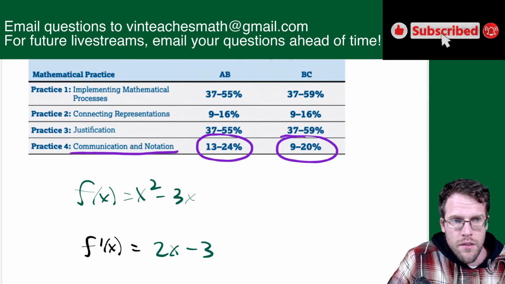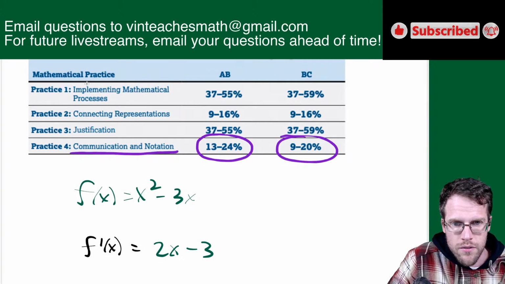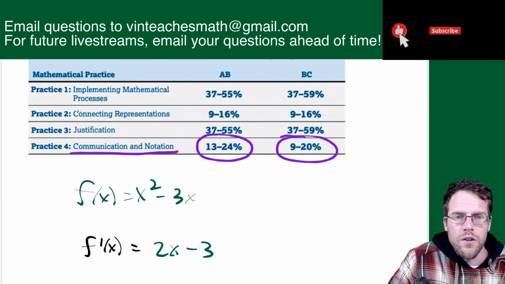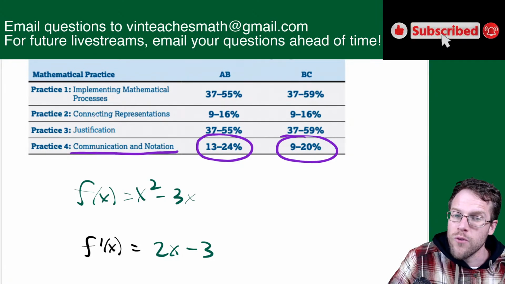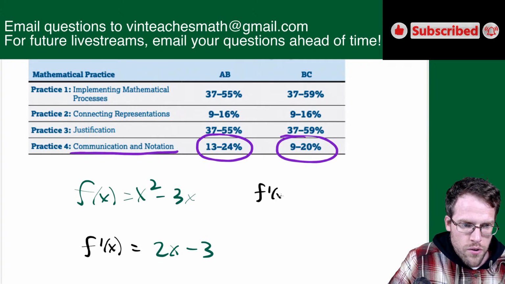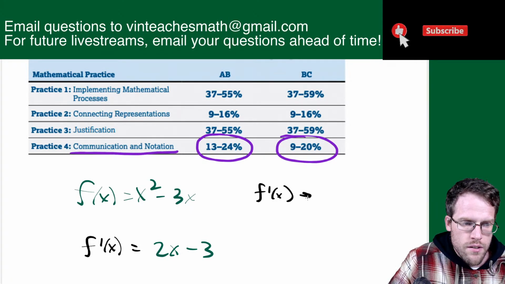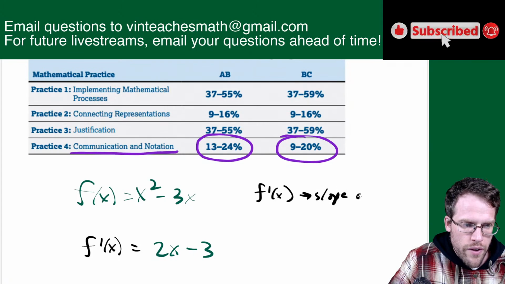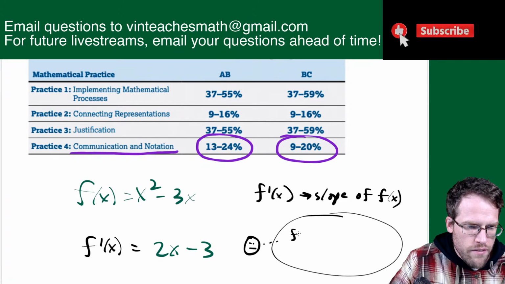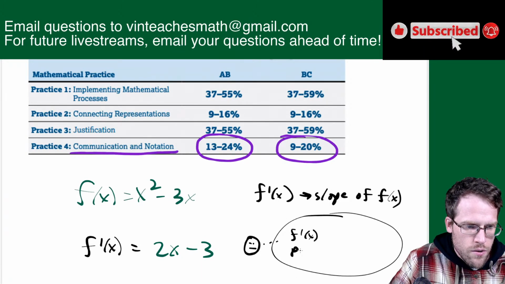All right, but this is a big idea. This is like, can you do the math? Do you understand what it looks like in many different forms? Connecting representations is like, do you know that f prime of x is the slope of f of x? Because some people just think, oh, f prime, I know, power rule.